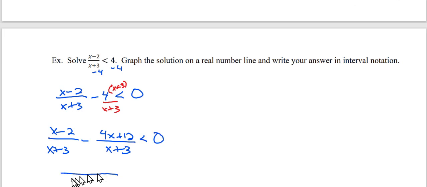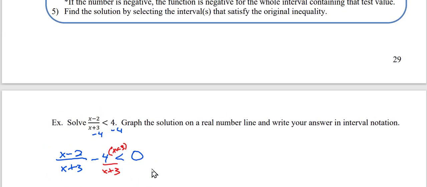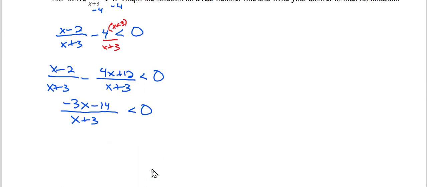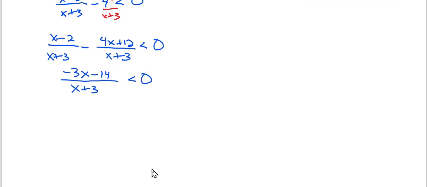Common denominator, so now I can combine these into, what is that, negative 3x when I do x minus 4x, and then negative 2 minus 12 will be negative 14. Now I have a rational inequality where I have a rational function less than 0.